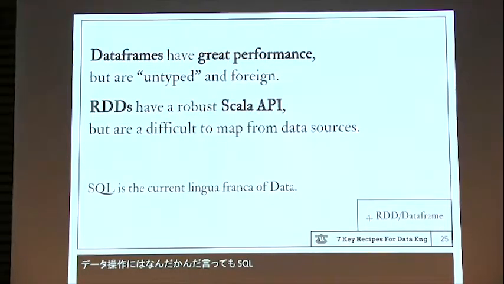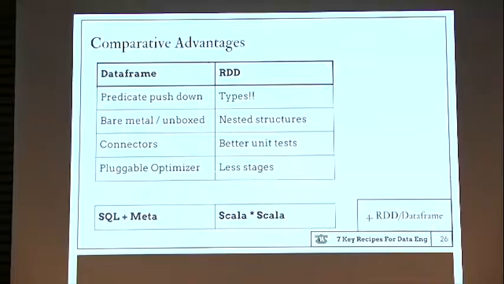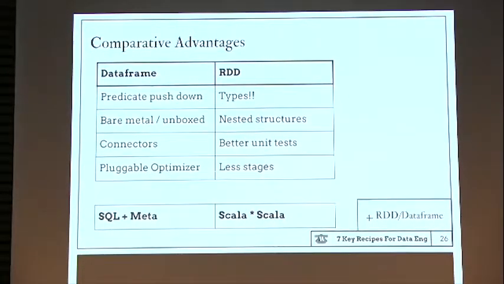So a comparison between DataFrame and RDD. DataFrame have predicate pushdown, so this is where you get the performance, for example, also with stage generation and code generation, where you get a lot of performance.